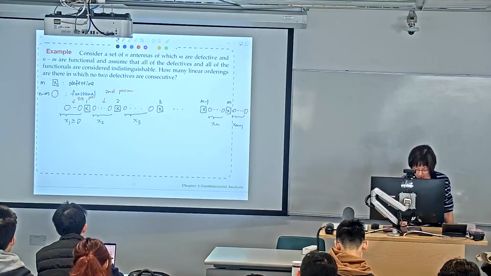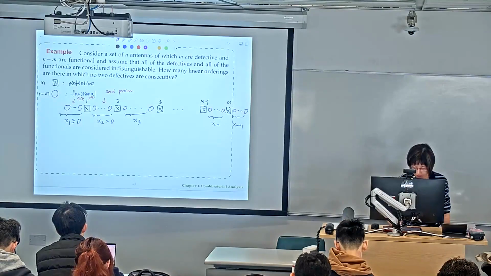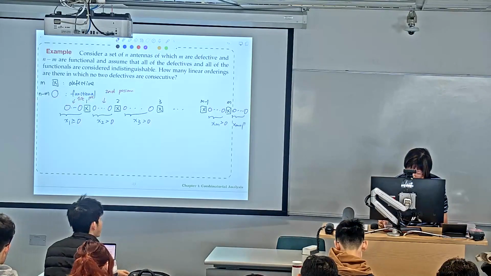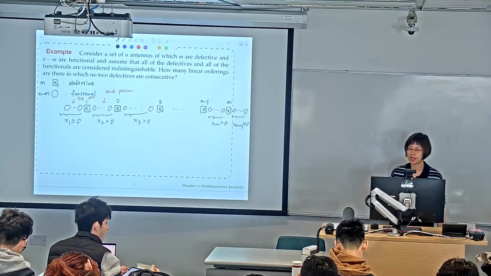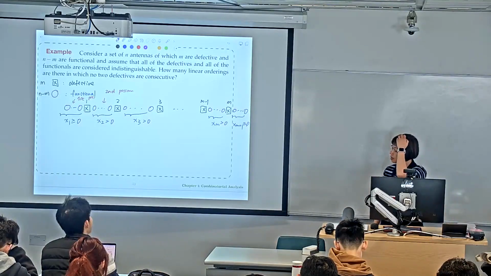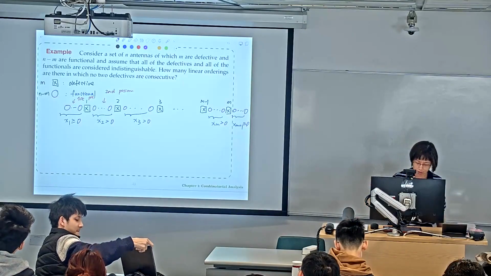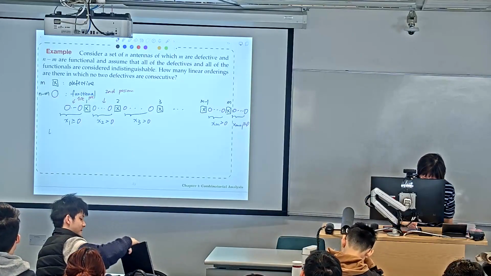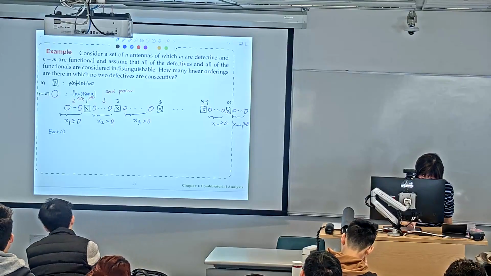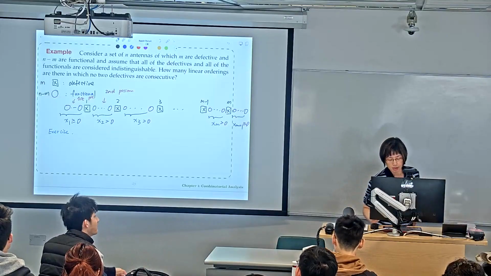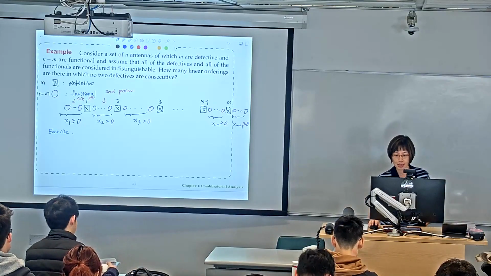But x2 has to be positive because you don't want two defective ones together. So you put the constraints like that and relate this to a linear equation and use the formula to solve it. I'll leave the remaining as an exercise. I will go over it briefly next time. So that's all for today. See you next week.